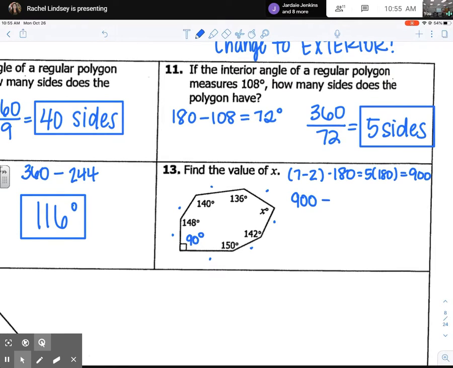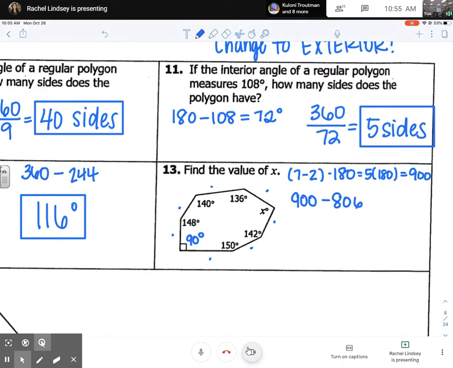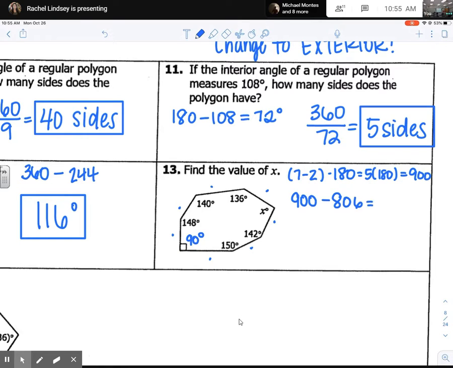Add up all 6 of the angles we know and tell me what they add to equal. 806. So all 6 of those add to equal 806. Then 900 minus 806 is 94 degrees.